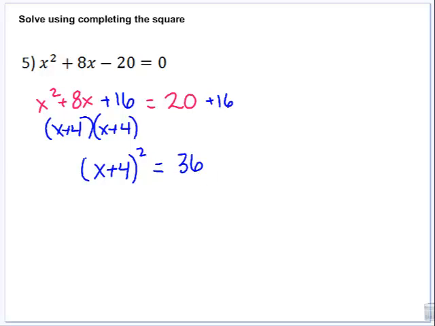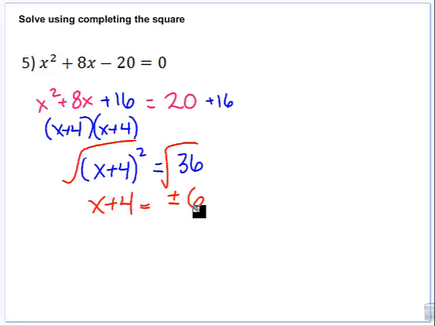Now we'll square root both sides. X plus 4 squared, when we take the square root of that, we just get x plus 4. The square root of 36 gives us plus or minus 6.